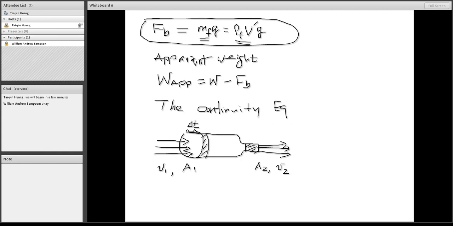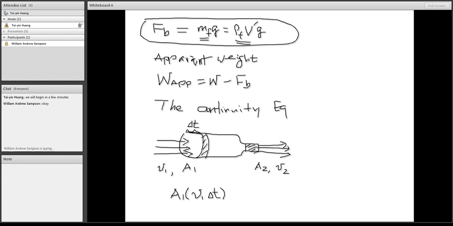So how do we calculate volume? Basically, the volume of water is the cross-sectional area on the left times the distance or the thickness. The distance is the velocity times time. This gives you the distance that the fluid has traveled, and then times the area gives you the volume.